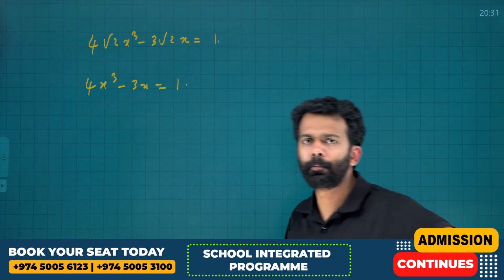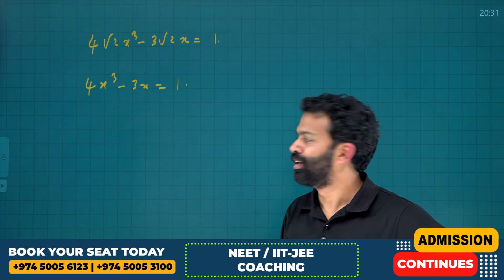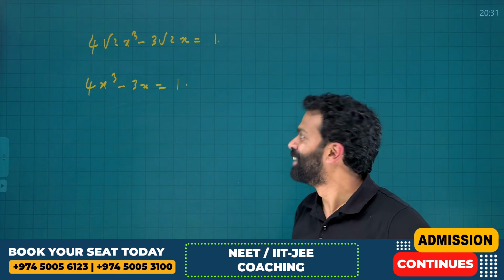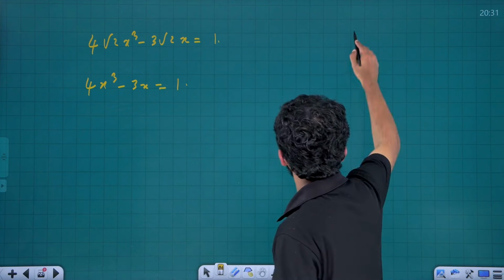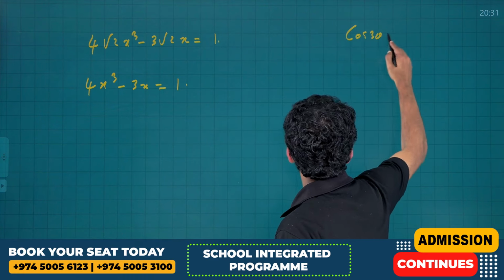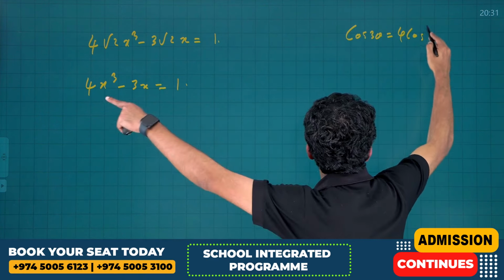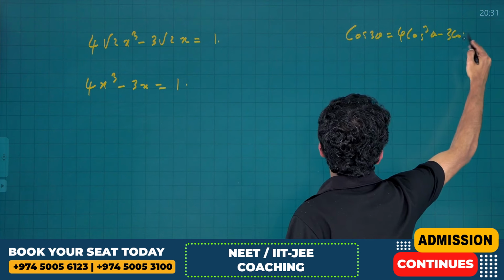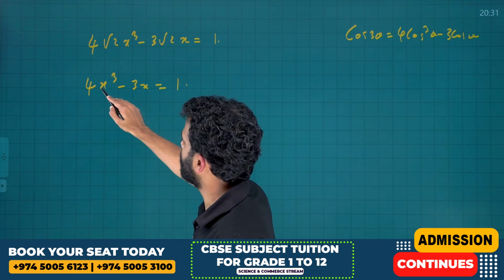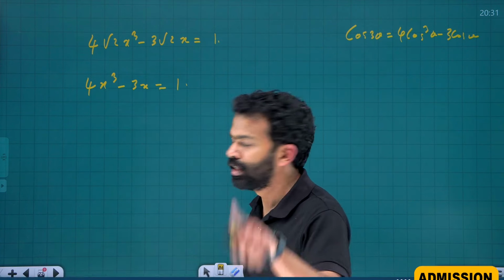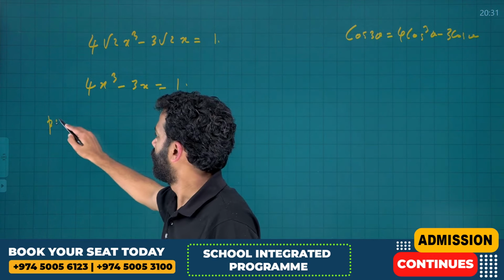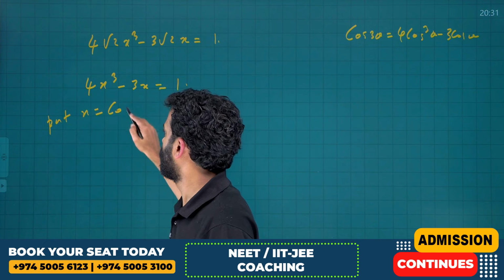Have you seen this anywhere? See, what is the formula for cos 3 theta? The formula for cos 3 theta is 4 cos cube theta minus 3 cos theta. So, if it is cos theta here, cos cube theta here and cos theta here, the problem is done, right? Therefore, just put x is equal to cos theta.